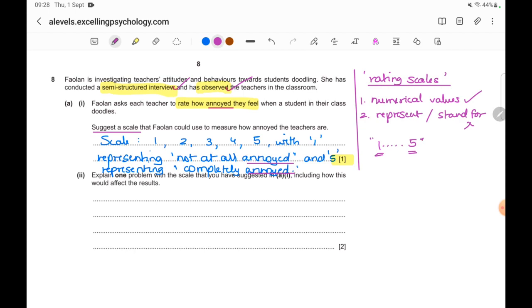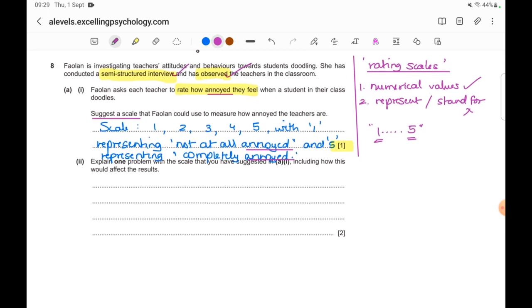So if the researcher wants to study annoyance, he will be using the word annoyance. Don't change that word to angry or irritated or disturbed, and don't input anything of your own. Stick to the wording given in the question. I've told you this earlier also, so keep it in mind for these types of questions as well.